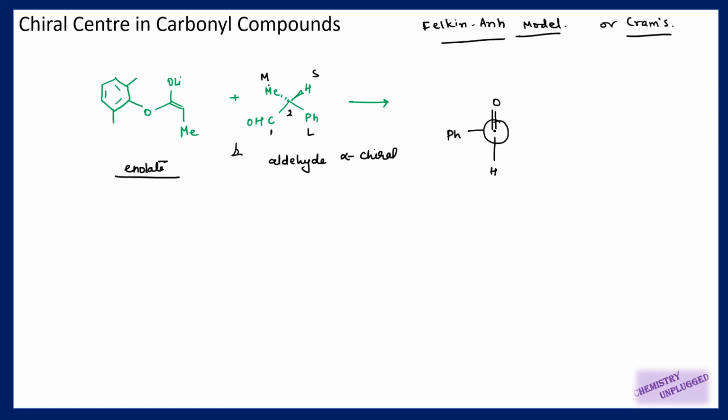The medium size group should be placed like this, and the smallest size group should be close to this proton. These conditions give me the lowest energy configuration, right? We have discussed in the Clayden book summary that we can have different types of projections, but we have to select the lowest energy projection for this Felkin-Anh model.